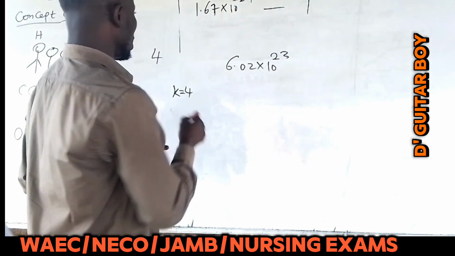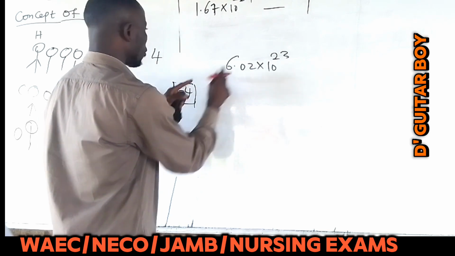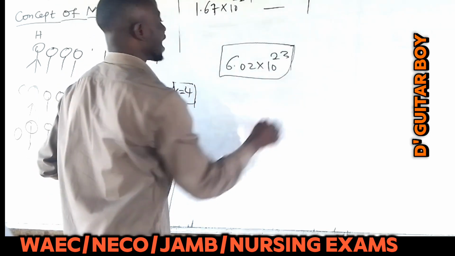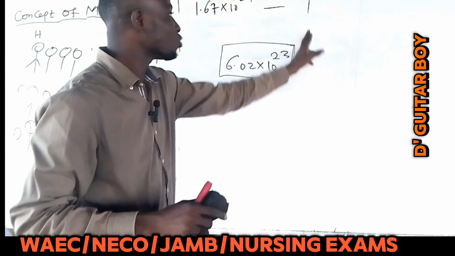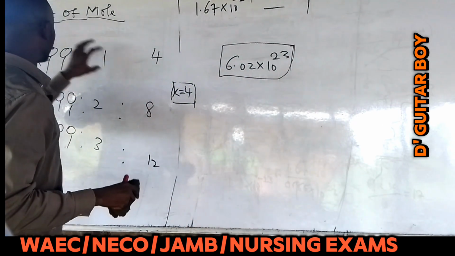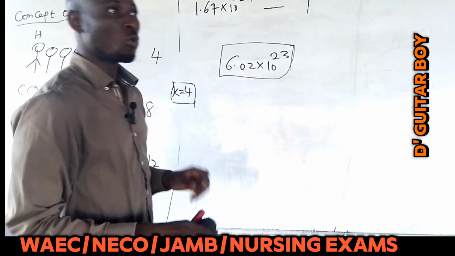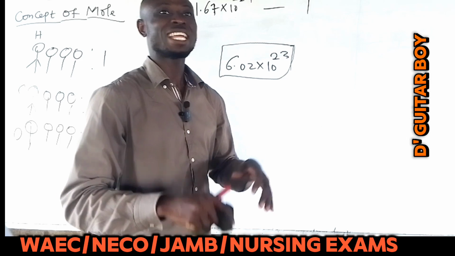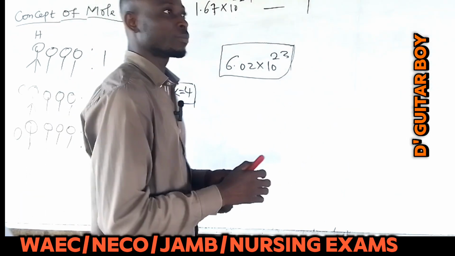This is the number of hydrogen atoms that will give us this 1 gram, just as this is the number of this man that will give us this. And this number was calculated mathematically and experimentally verified, and this number is called what?